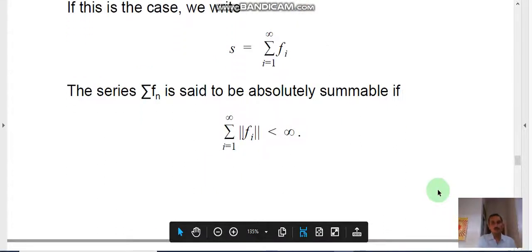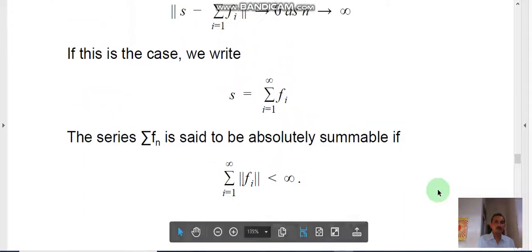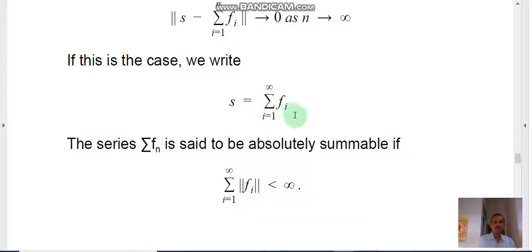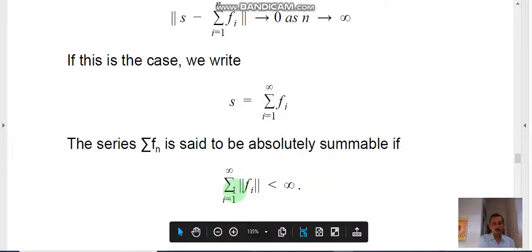So here we have the definitions of summable and absolutely summable. Summable means there exists its sum s equal to summation i equal to 1 to infinity fi, and absolutely summable means the sum of the norms of the fi is less than infinity.